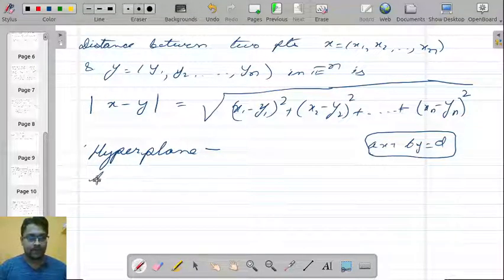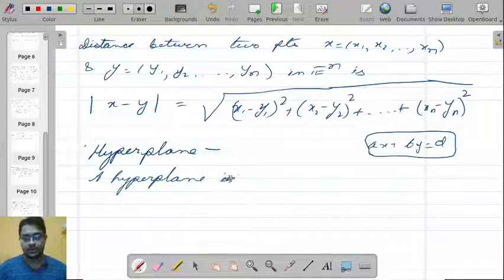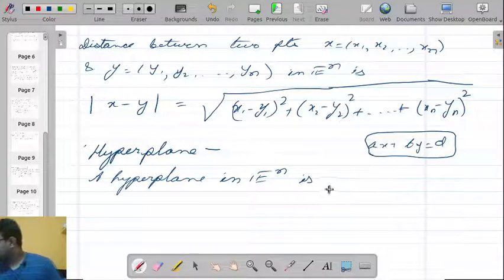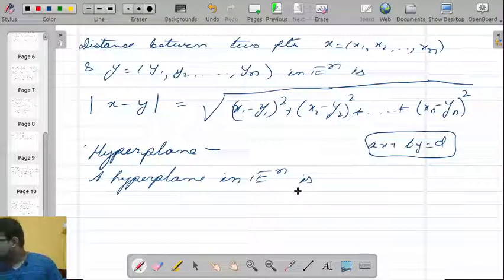So a hyperplane in E to the power n is the set of points which satisfy this particular property.